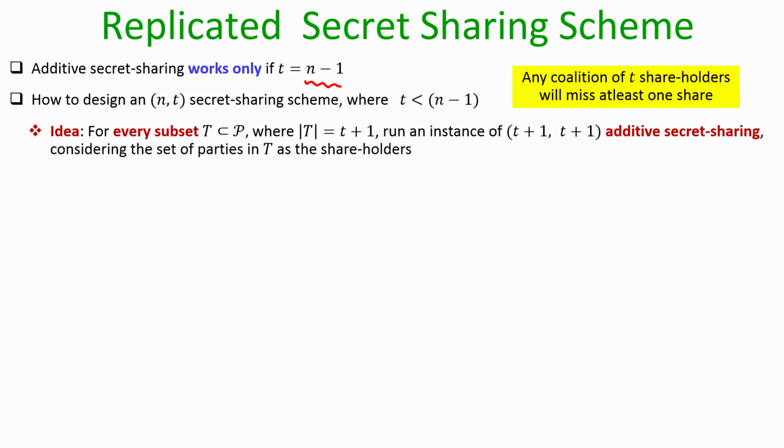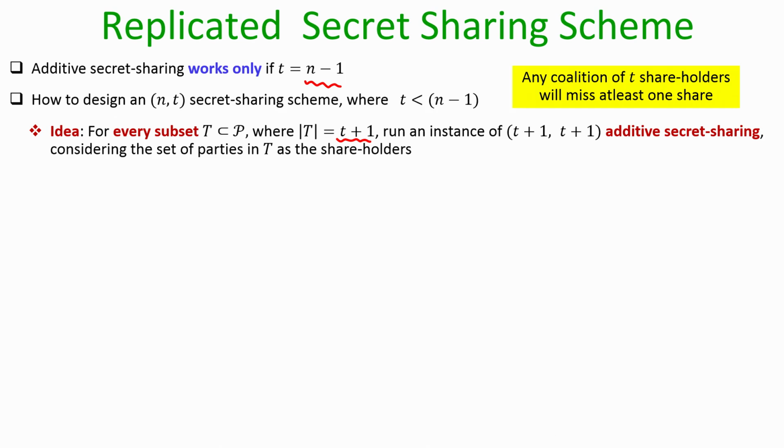The idea here is we take every subset, say big T, of the set of n parties, where the size of big T is t plus 1. So, we take every possible subset of size t plus 1 of the n parties and run a dedicated and independent instance of additive secret sharing among that subset of t plus 1 parties as the shareholders, with the threshold being t plus 1.